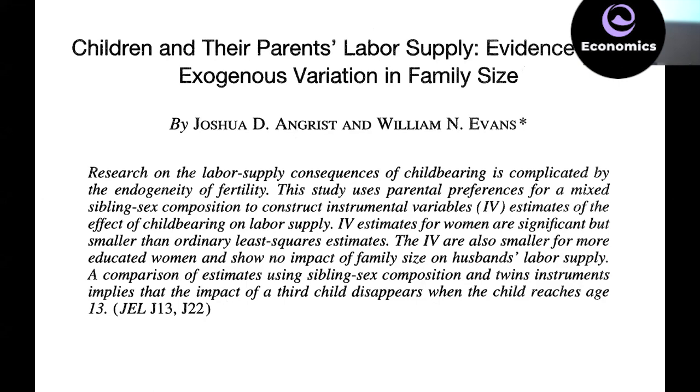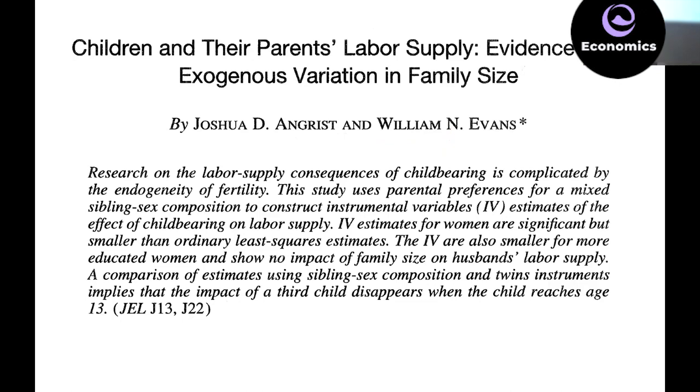And one hypothesis is that children may affect people's labor supply, particularly women, because historically the labor force participation of women has been lower than men. So they want to know whether the number of children has a causal impact on parents' labor supply.